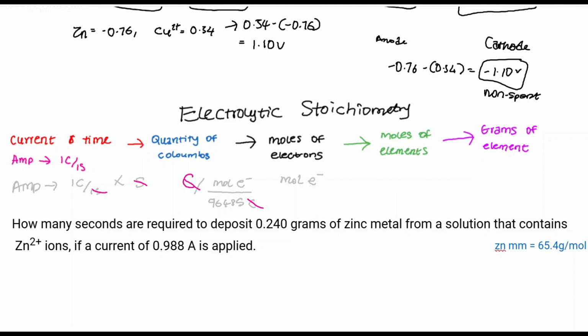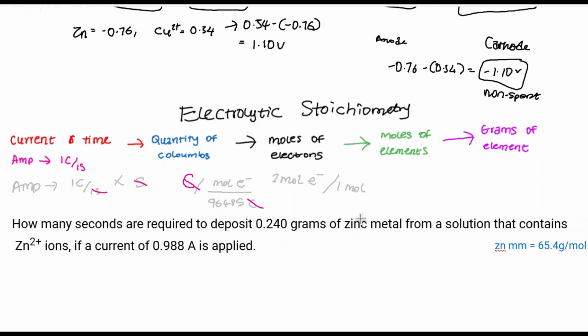If you want to go from moles of electrons to moles of element, I think you multiply. Let me think about it. Let's say you have 2 moles of electrons and you want to transfer it to moles of element, you divide by 1 mole of the element. You see, this will make sense when I do an actual problem.